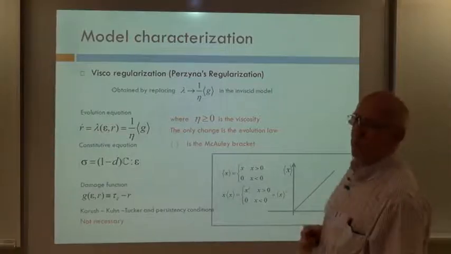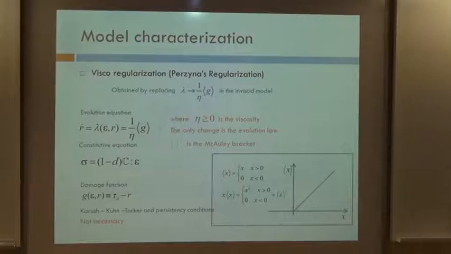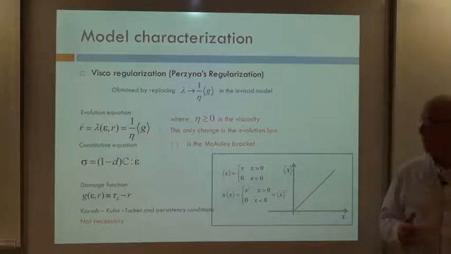Now, how do we obtain a model that is dependent on the velocity, but keeps the essentials of the damage model? So we can talk about the damage, we can talk about the loading, unloading, damage. We can keep the same, but now we want just to add a new feature, which is the dependency on the rate of the damage. It's very easy, it's almost trivial.